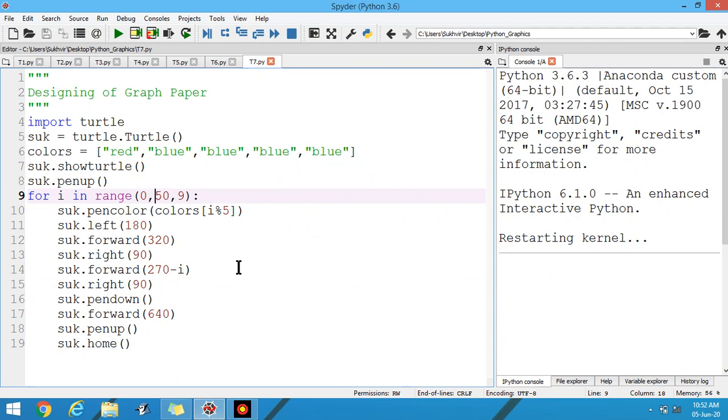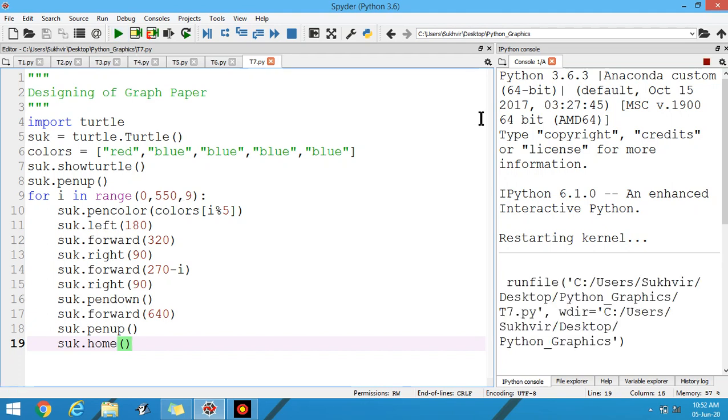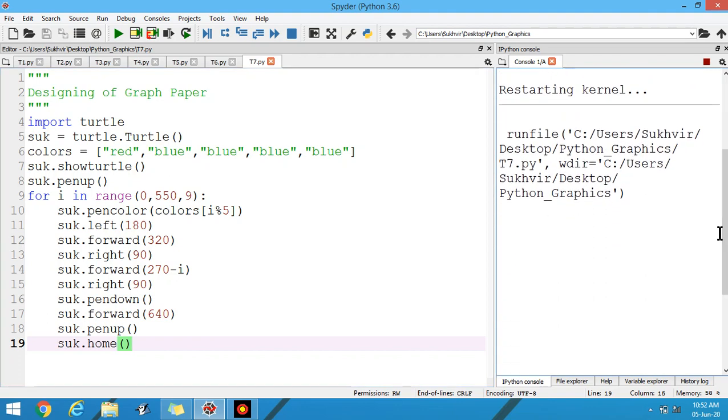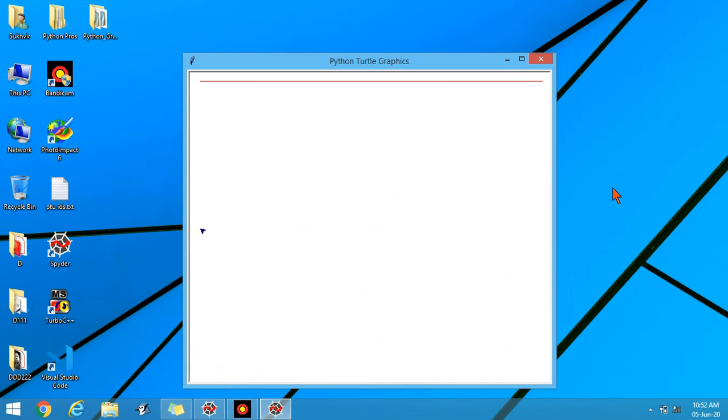Suppose I write here 550. I think it's enough. Let us try to execute the program now. Kernel is restarting. In this way, I can design all the horizontal lines. You can check here. All the horizontal lines are there.